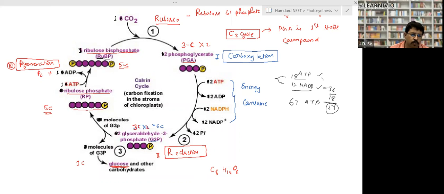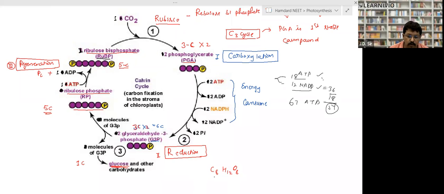ATP breaks down into ADP. Again, energy is released and phosphate is released. Now one more phosphate molecule is added over here, that is represented by yellow color. Now again the formation of ribulose biphosphate takes place. So what exactly has this 5-carbon compound done? It has picked up 1 carbon atom from the carbon dioxide and donated this carbon to glucose formation.